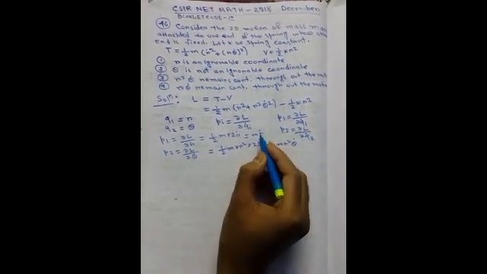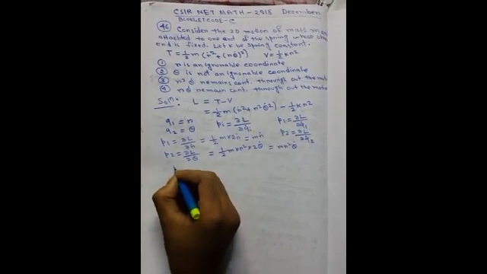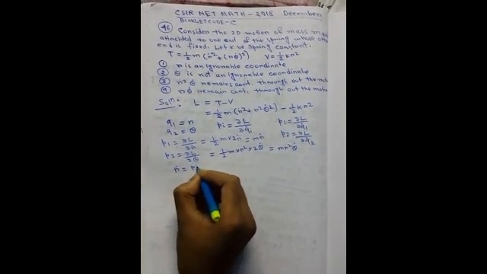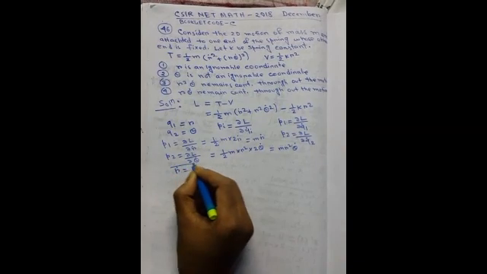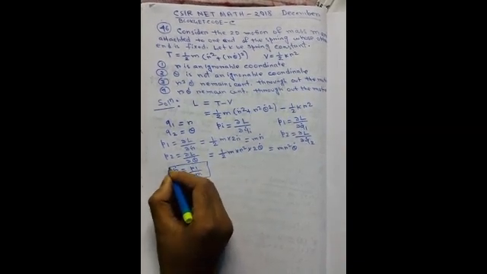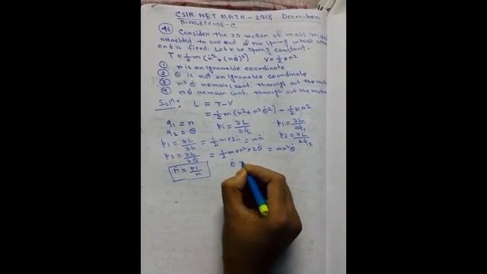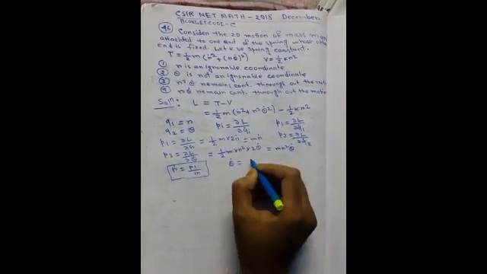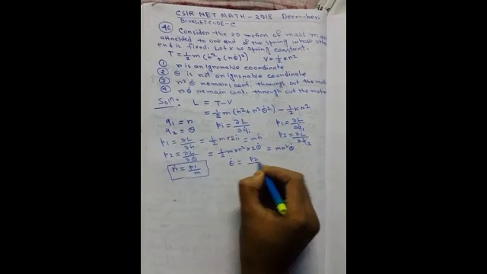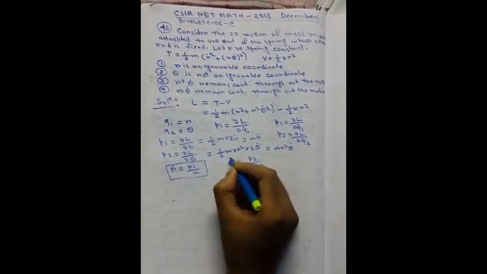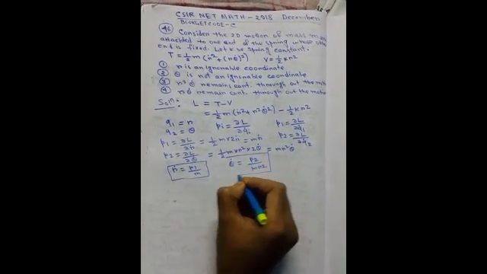Now p1 equals M r dot, so r dot equals p1 by M, and theta dot equals p2 by M r squared.